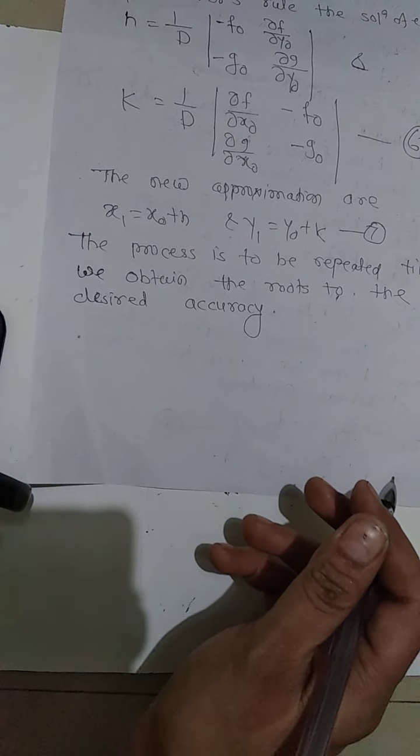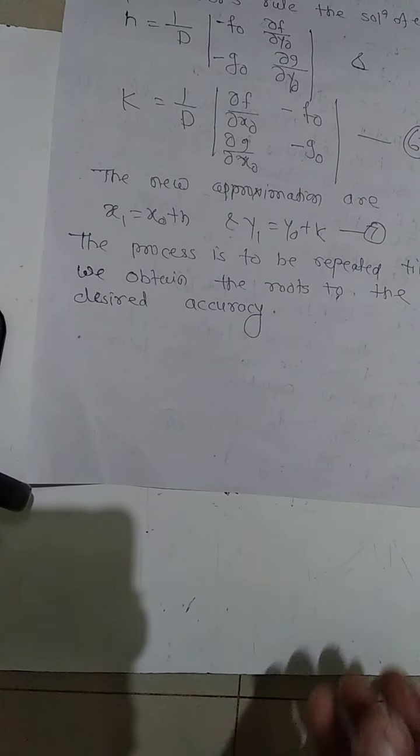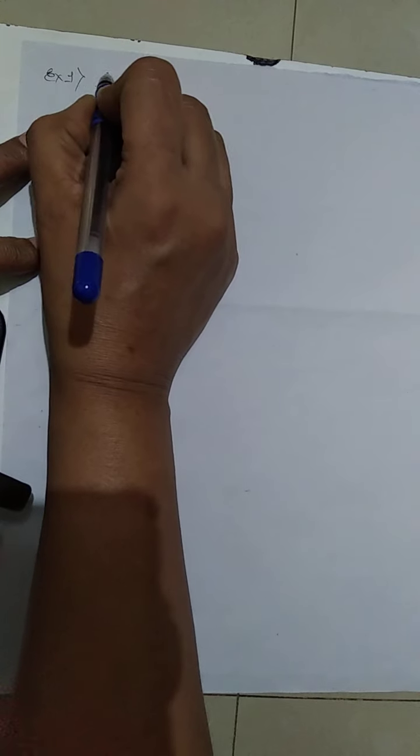When this process is repeated to the accurate root, then we see the problem of Newton-Raphson method. The same problem of iteration method is given as an example and solved by Newton-Raphson method.